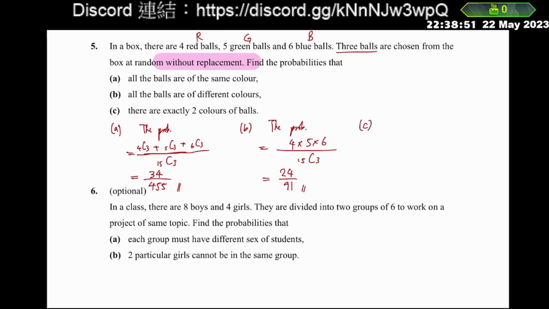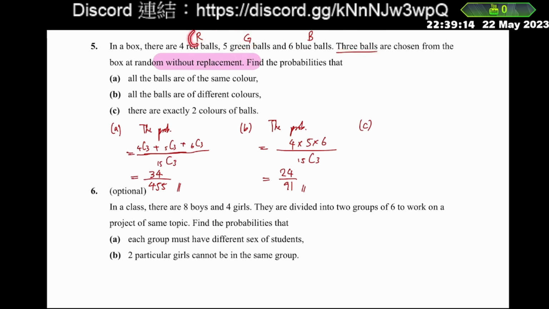Okay, part C. And then there are exactly two colors of balls. Okay, exactly two colors. That means either it is red green, or it is red blue, or it is green blue. But if we have red green, that means 3 balls are chosen.